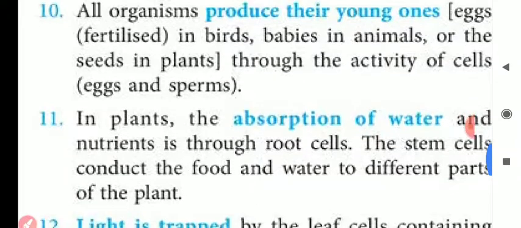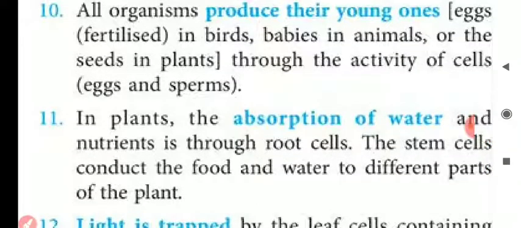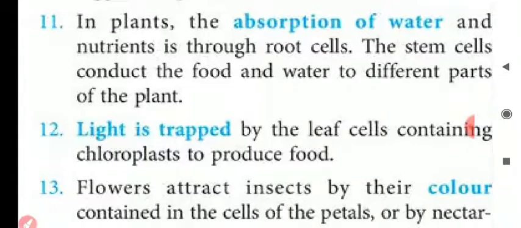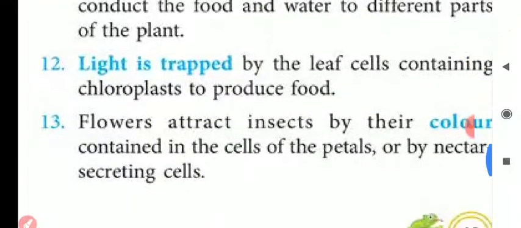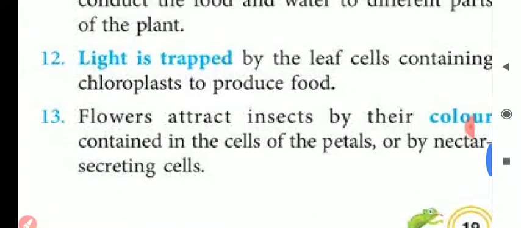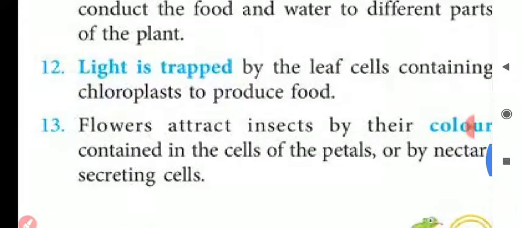Next, my dear students, 11th point, in plants, the absorption of water and nutrients is through root cells. Light is trapped by leaf cells containing chloroplast. Flowers attract insects by their color contained in the cells of petals. So, these all examples I have shown just at a glance.